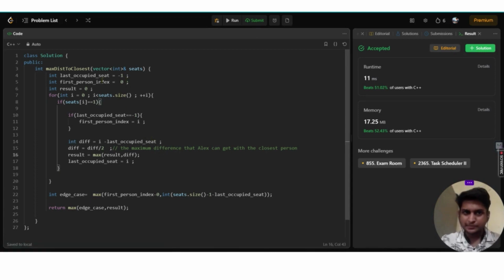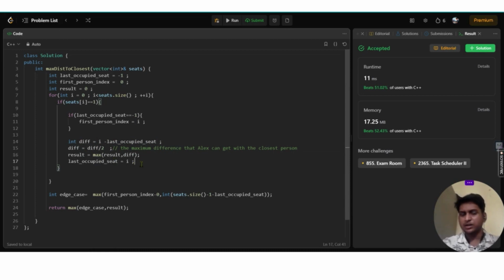So let me explain the code once again. What we have done is we just keep track of the last occupied seat, and if we got any occupied seat, then we find the difference between the current seat and the last occupied seat, and then we divide it by 2 to get the distance between Alex and the closest person, and we update our result to get the maximum of it.